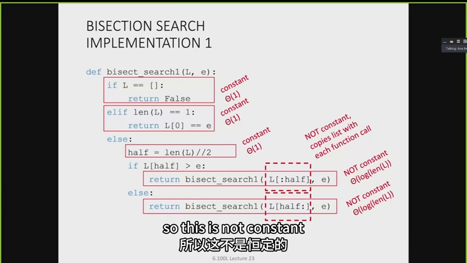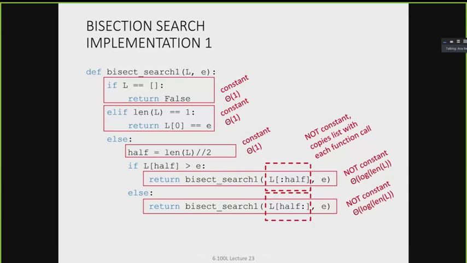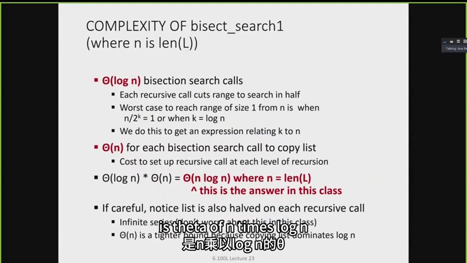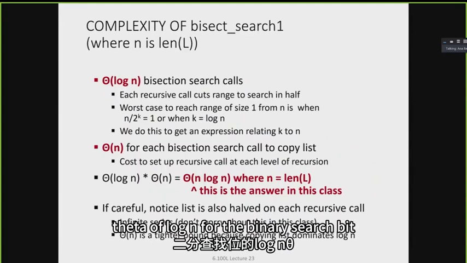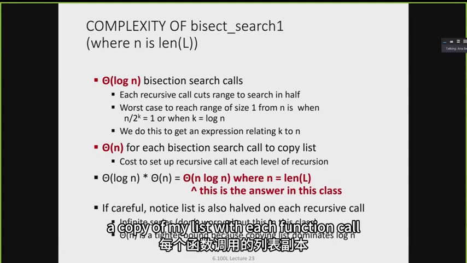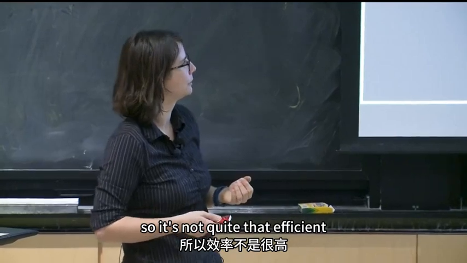So this is not constant. It's theta of length of L over 2. I grab half of my list. So the complexity of that code is theta of n times log n. Theta of log n for the bisection search bit, but theta of n tacked onto each one of those calls because I have to grab a copy of my list with each function call. So it's not quite that efficient.